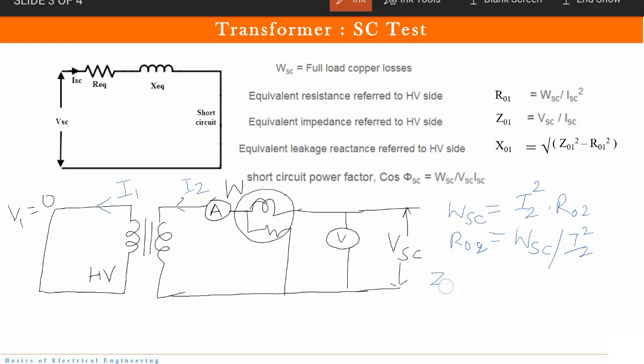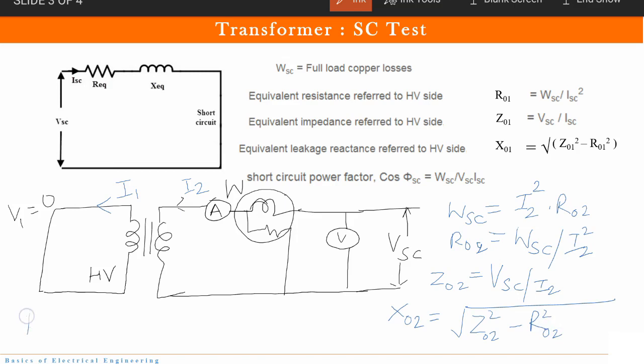Similarly, I will get Z02, which is VSC upon I2, and then I can calculate X02, which is the square root of Z02 square minus R02 square. Fine, okay.